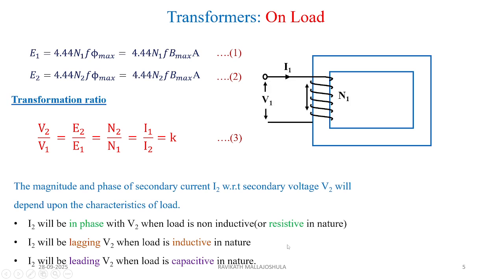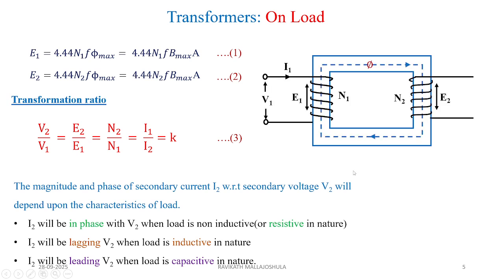Now, when you take the diagram of a transformer, this is how we see the windings, and when the load is connected, I2 is also flowing over here.